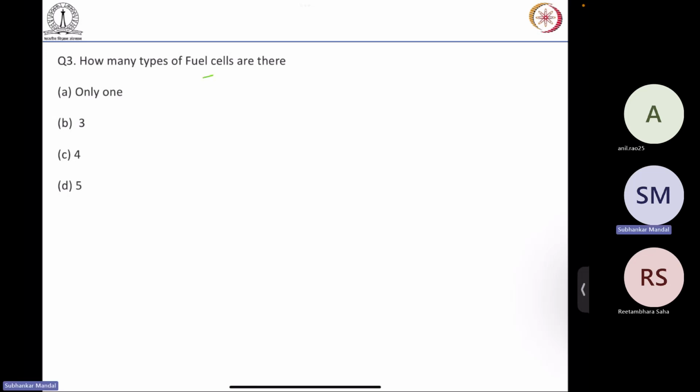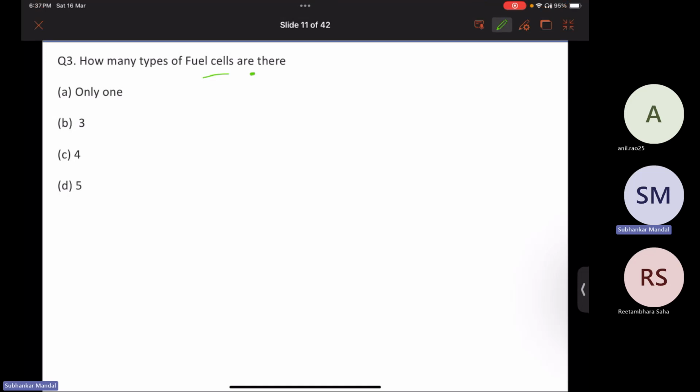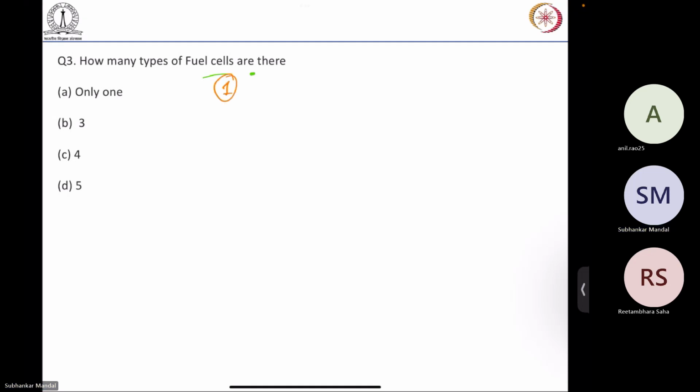This fuel cell we have discussed in the class. We have learned, no? There are 5 types of fuel cell. First one is the alkaline fuel cell, which is called AFC.